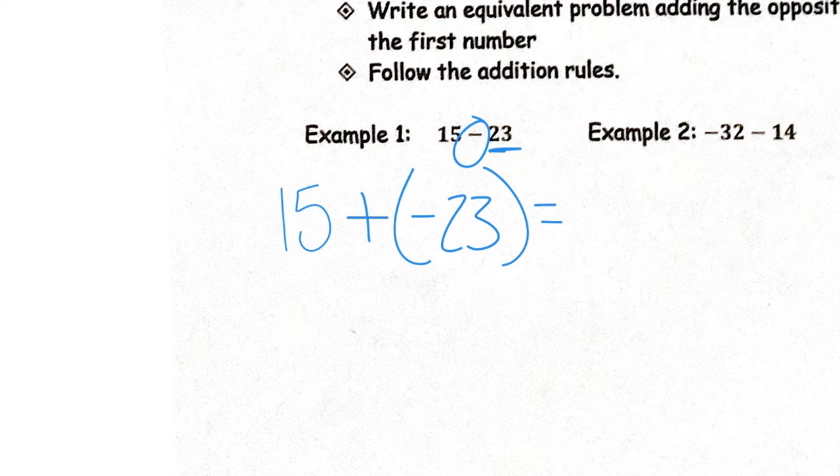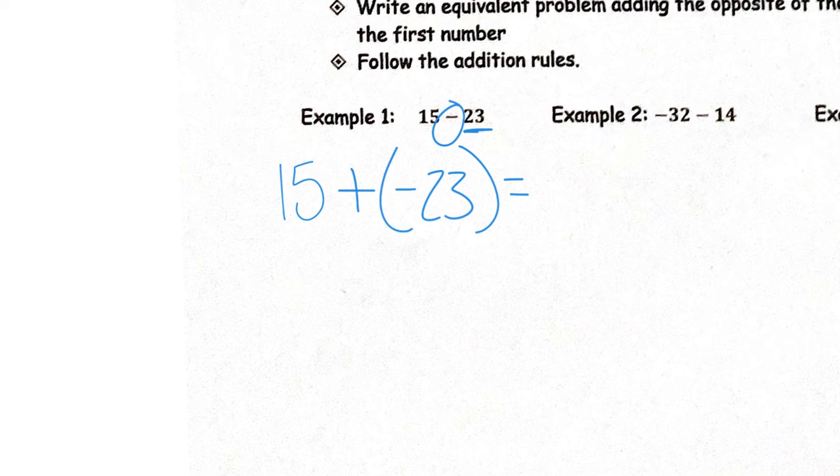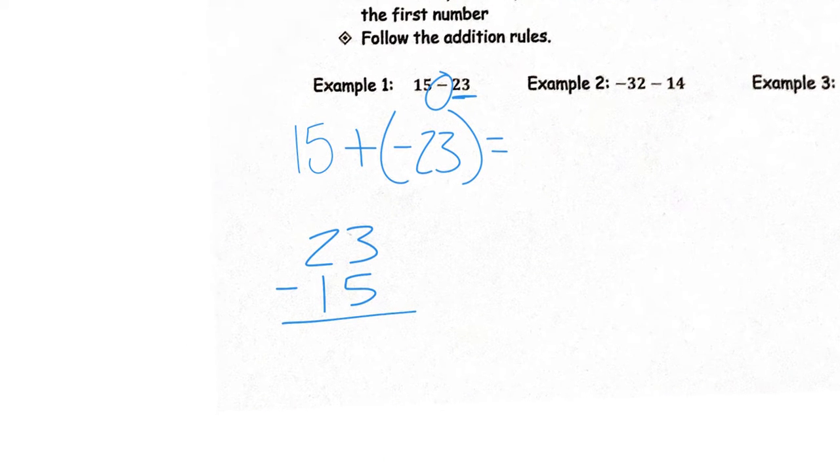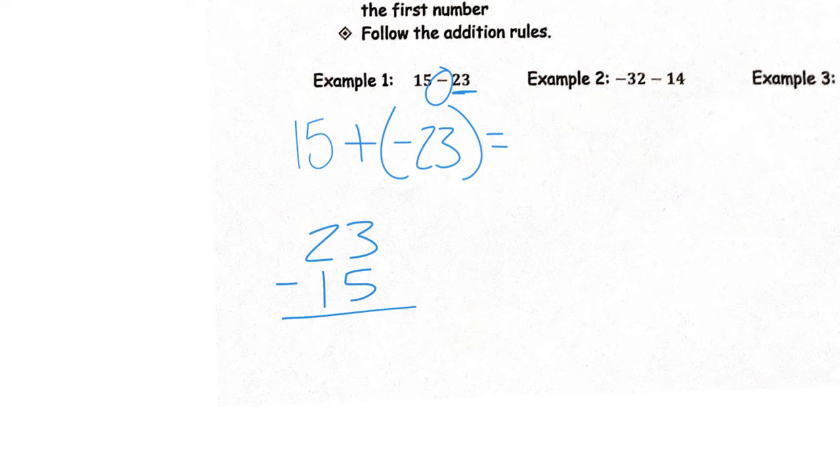Now from here I go back to the addition rules that we've been working on. Same sign add, different sign subtract, and these are different, so I'm going to subtract. 23 minus 15. Some of these I know you can do in your head. I'm fine if you don't show all your work on that, but I have to see this equation. Okay.